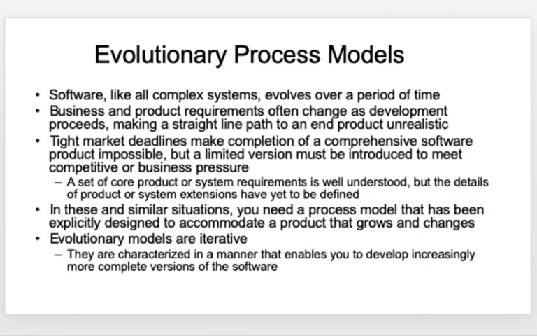Also, every software is basically driven by tight market deadlines, and it is not practically feasible to deliver the entire product in one single shot. So in all of these situations, it is better to accommodate the evolutionary process model in order to develop your product. Evolutionary process models are iterative in nature.